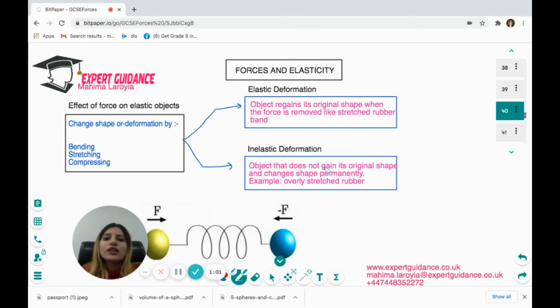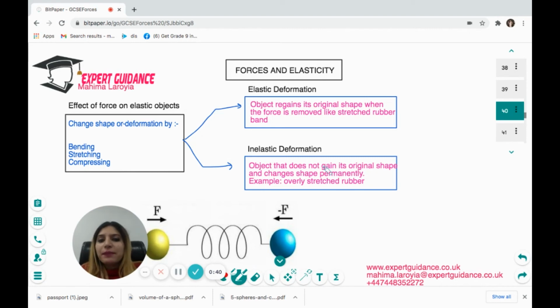Now let us move on to the relationship between the forces and the elasticity. We know when we apply a force to any object, it can either move or come to rest. But there's a third thing that a force can do: it can change the shape of the object. It can cause bending, stretching, and compressing of an object.